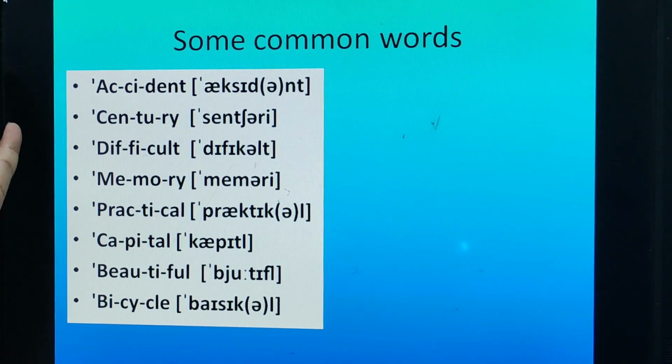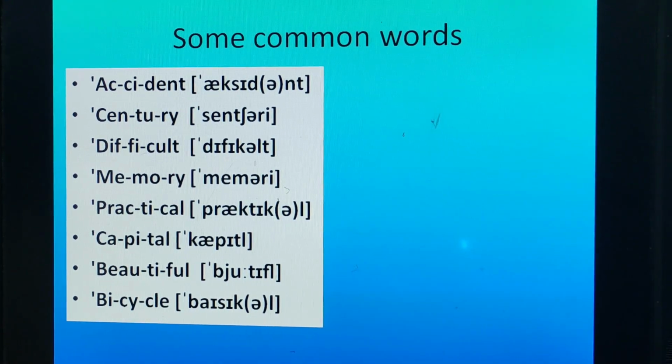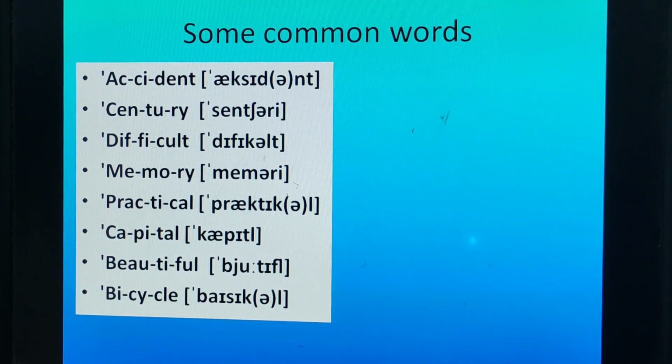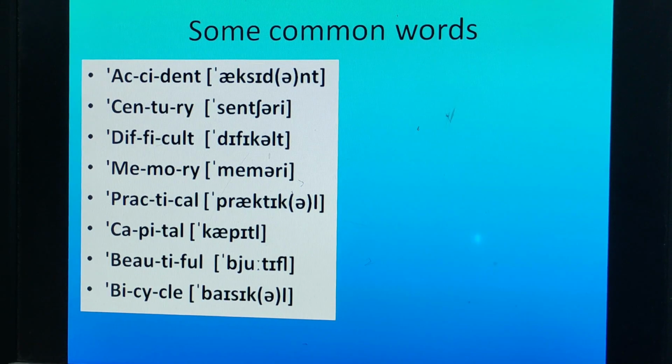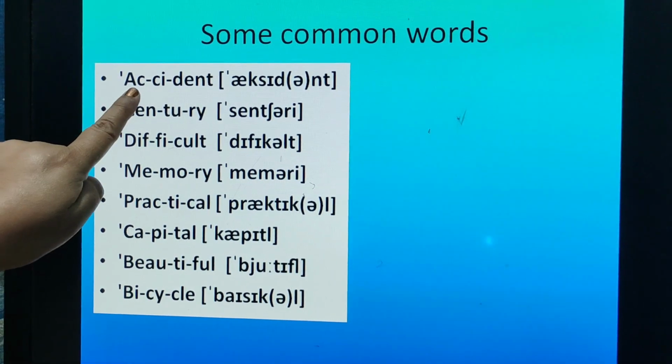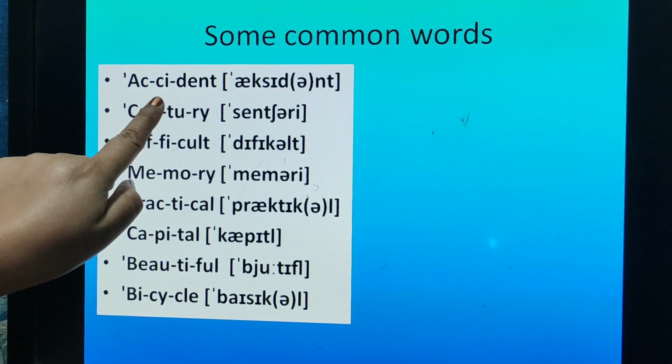So let us begin with the first word. It's accident. Accident. So when I give you a gap, it means you're repeating after me. Now, if you look at it, I have here ACCI, right?